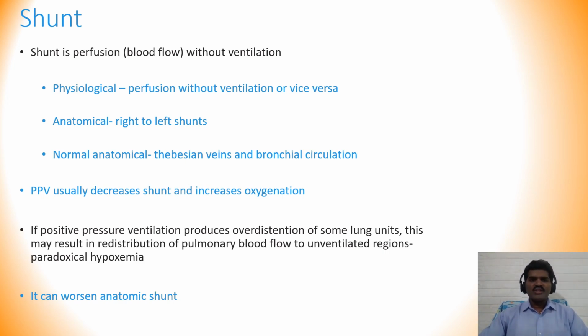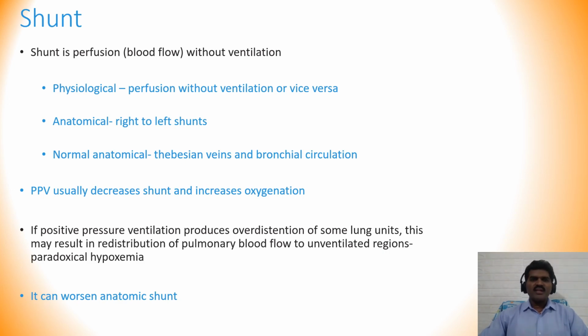Normal anatomical shunts include the Thebesian veins, which directly open into the heart chambers. They are the draining channels for the cardiac muscle. And also the bronchial circulation can act as a normal anatomical shunt. Positive pressure ventilation usually decreases the shunt and also increases the oxygenation.